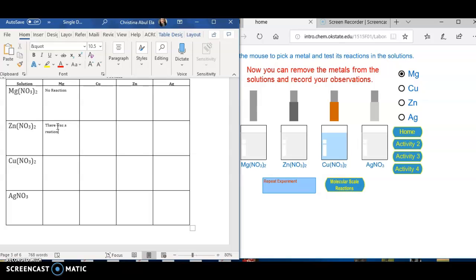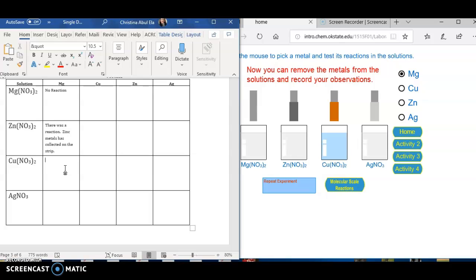And if you want to add some detail, you can. So I could say that zinc, because I know what the product should be, so I know that zinc metal has collected on the strip. Right. So if you want to add some additional observation, you can, but at the very least you want to say, is there a reaction or is there no reaction?